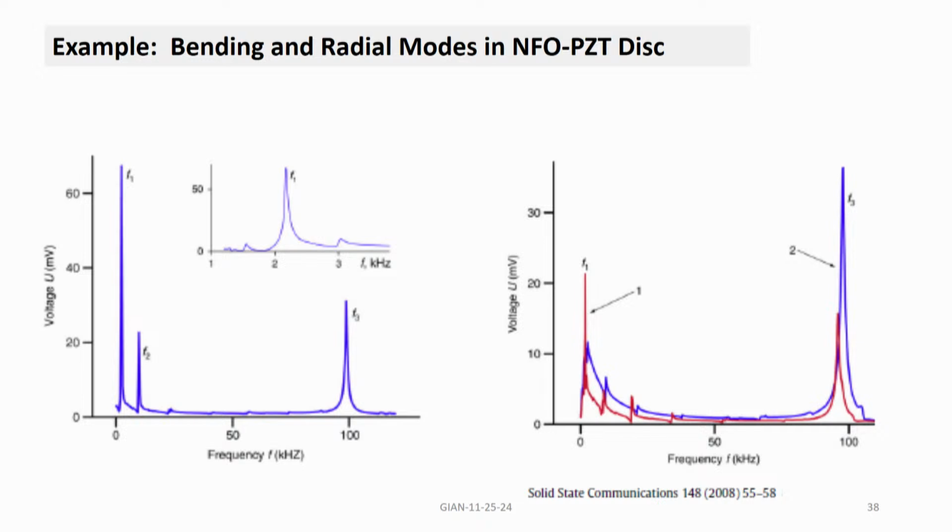And this one here is the bending mode F1, and this is the longitudinal acoustic resonance. Since it's a disk, we call it radial mode.